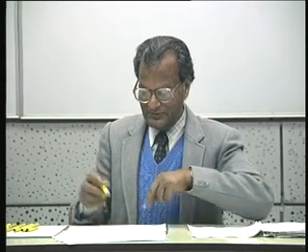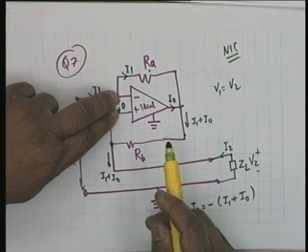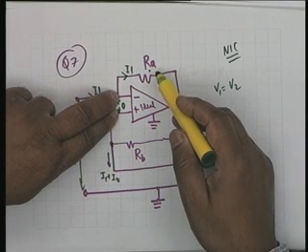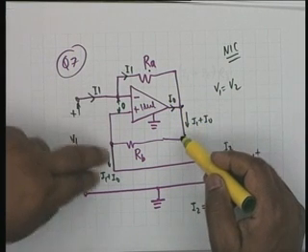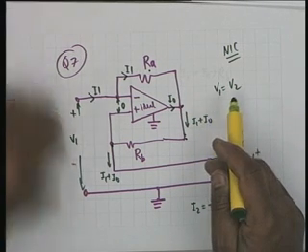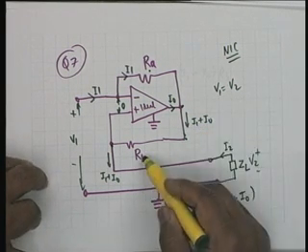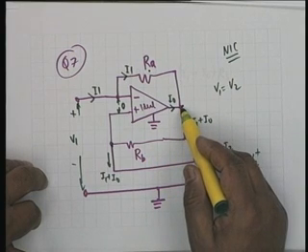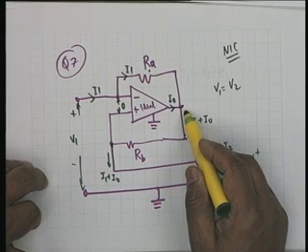Pardon me? Why should this be so? You see, these 2 points are virtual short and therefore the drop across RA should be equal to the drop across RB. But the drop across RB is (I1 plus I0) multiplied by RB with this terminal positive. So there shall be a negative sign.